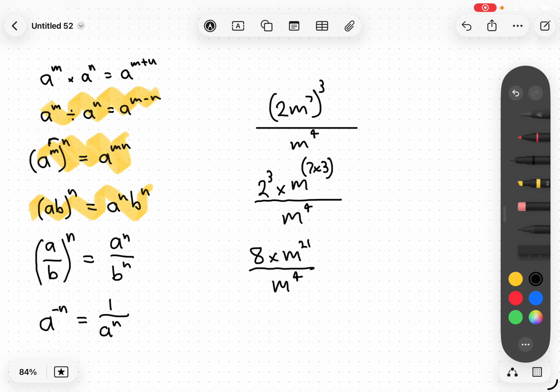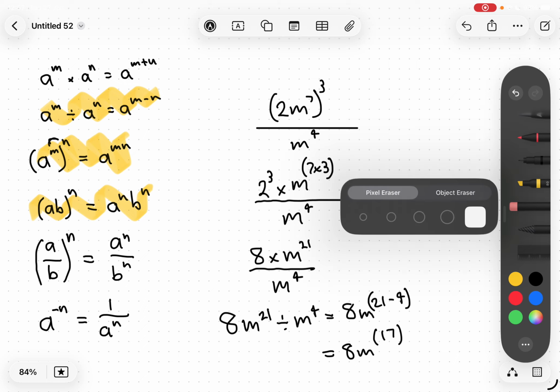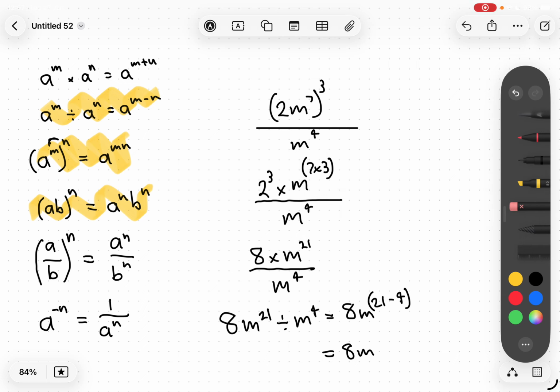We can go 8m to the 21 divided by m to the 4 equals 8m to the 21 minus 4, which is equal to 8m to the 17. We don't need those brackets there. I'll make that a little nicer. There we go. There's that one.